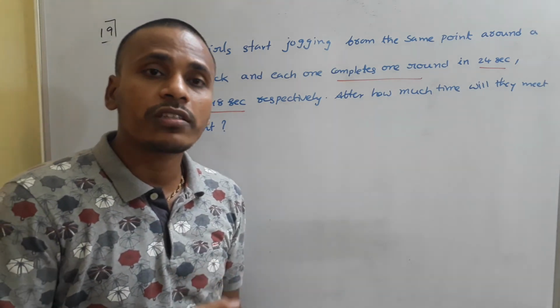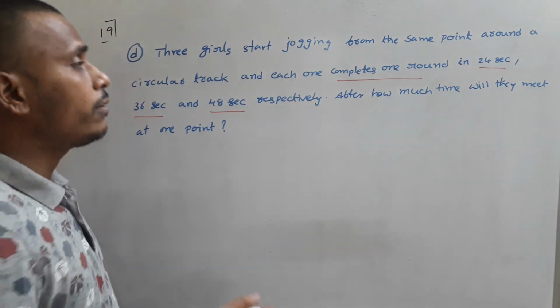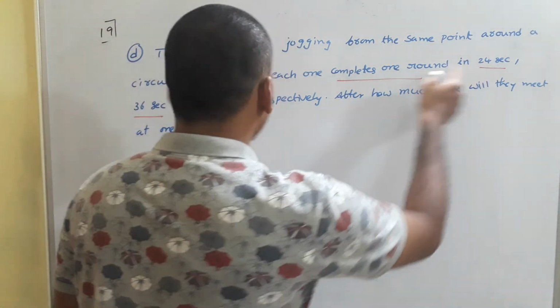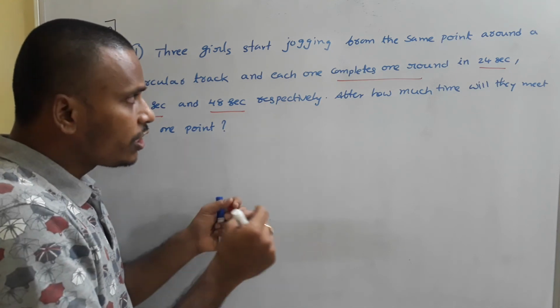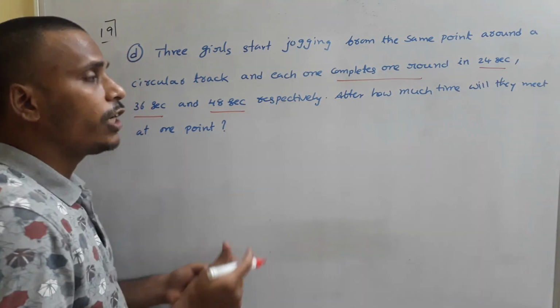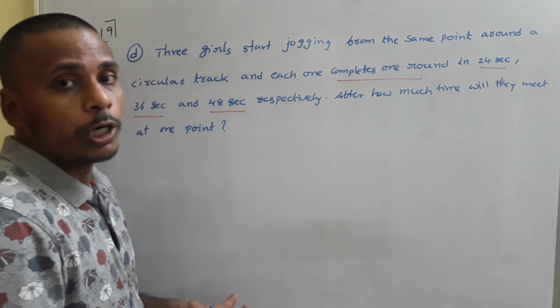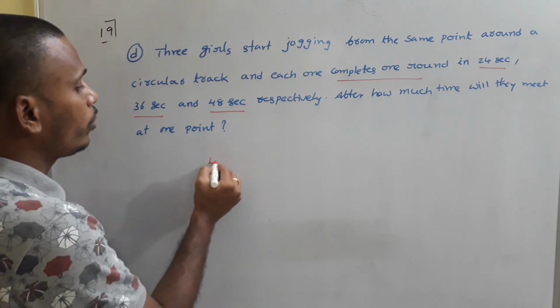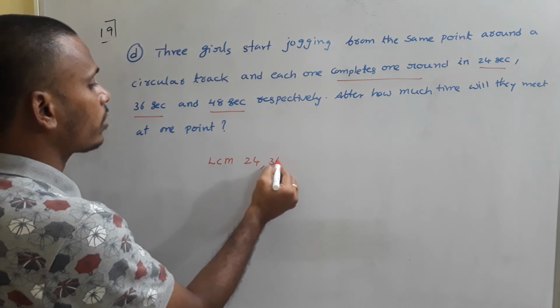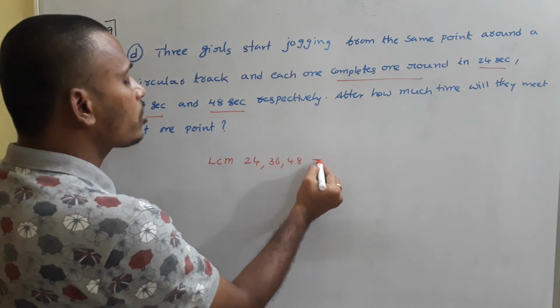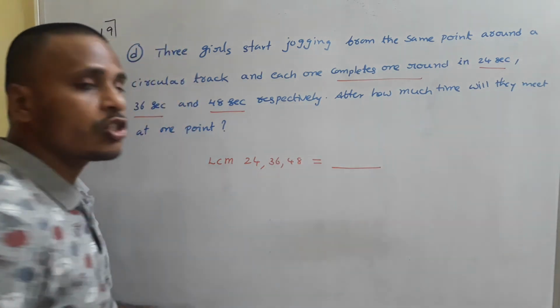The three girls meet at a point, so we need the common multiple of these three numbers, the least common multiple of 24, 36 and 48. The LCM of these three numbers is your answer.